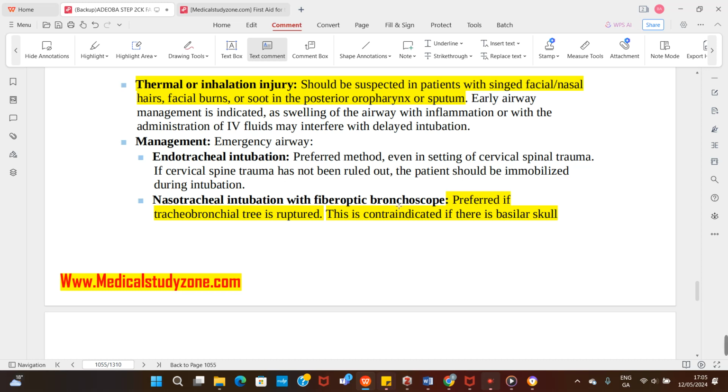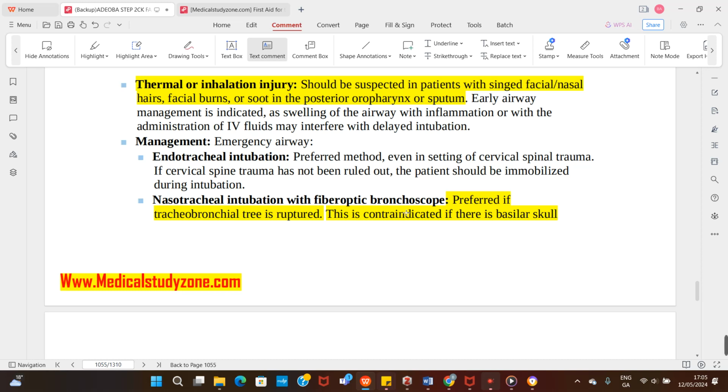So you need to use a scope to maneuver yourself through the airway. Then you go through the nose, down to the trachea. So don't forget, when there's rupture of the tracheobronchial tree, don't go through the endotracheal approach. Go through the nasotracheal approach with the fiber optic bronchoscope. Very, very important. The bronchoscope will help you to maneuver through that airway, right?